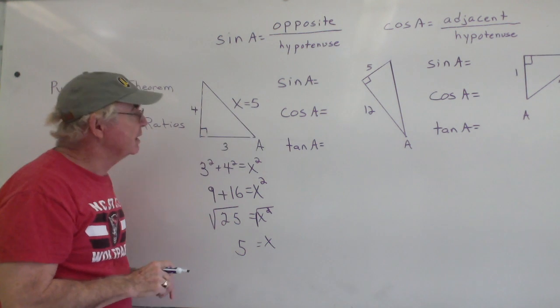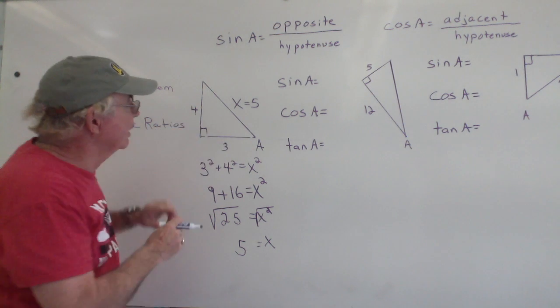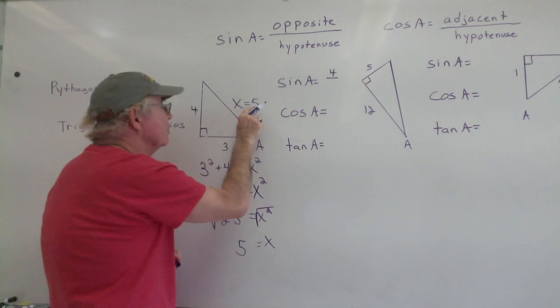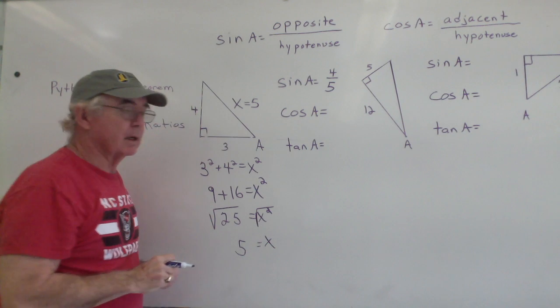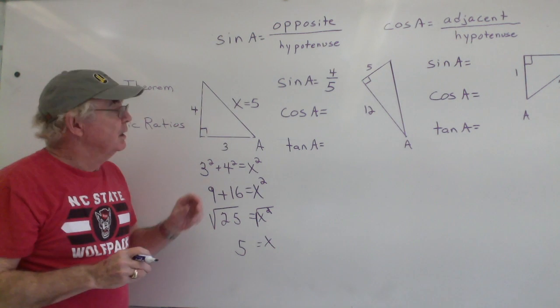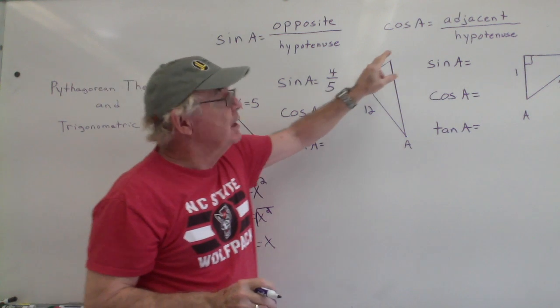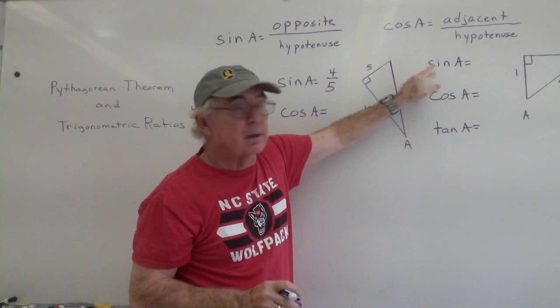So with that mindset, the sine of A would be the opposite 4 over the hypotenuse of 5. Okay? The cosine is defined to be the adjacent over the hypotenuse.